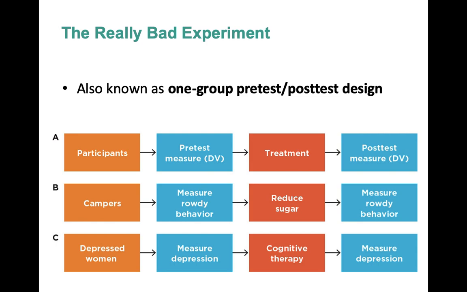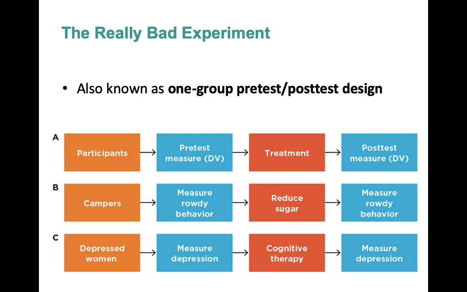Let's take another example, having this one group pretest post-test. Let's say that you've got a new cognitive therapy that is designed to reduce depression in a group of depressed women. And so you've got this group. You measure their depression at time 1, they participate in the therapy, and then you measure their depression again at time 2, some later time.